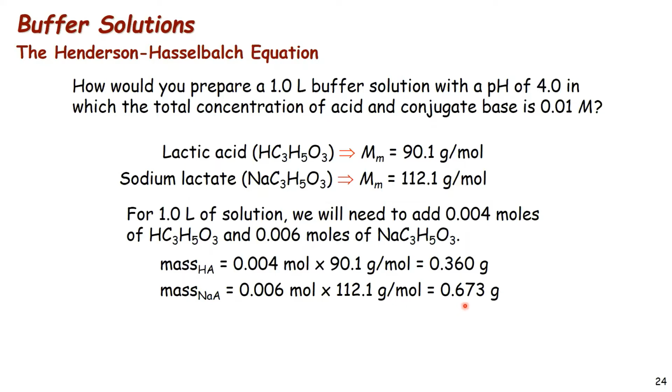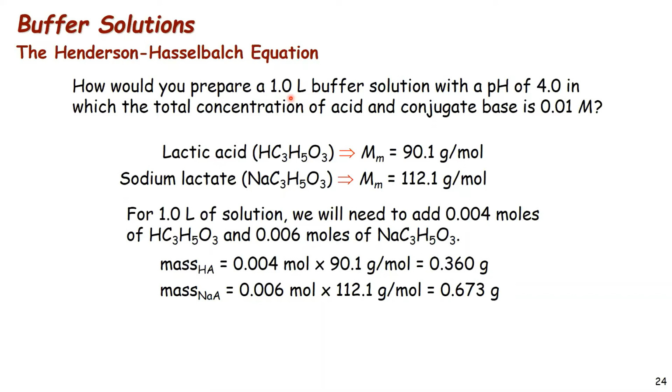So what we're going to do is take a 1 liter volumetric flask and fill it up about halfway. We're going to add 0.36 grams of our lactic acid and 0.673 grams of our sodium lactate to our 1 liter volumetric flask.